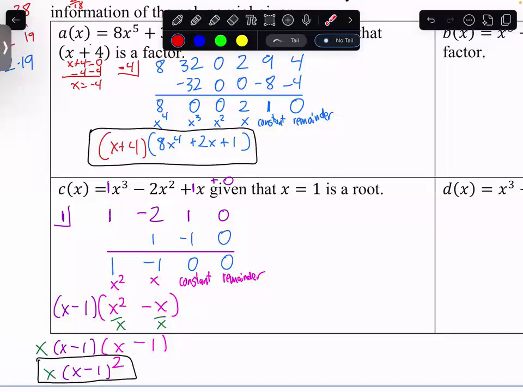Yeah, so the way to do it. Start, it's not considered a factor.